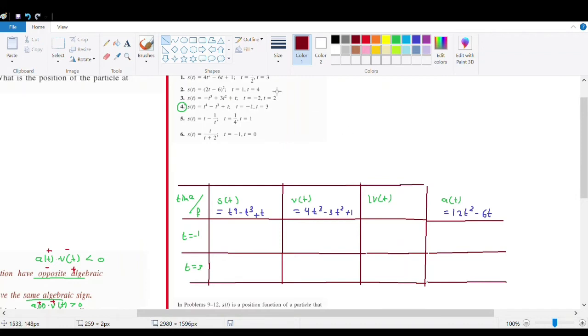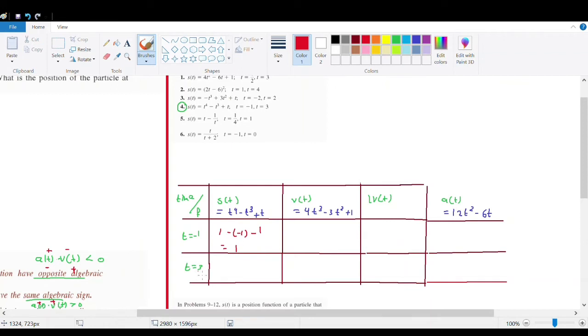At t equals -1, we have (-1) to the power 4, which is 1, then minus (-1) is plus 1, then plus t, which is -1. So 1 plus 1 is 2, 2 minus 1 gives us 1. So the position at t equals -1 is 1.